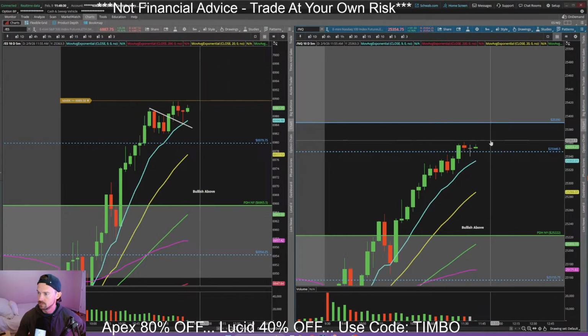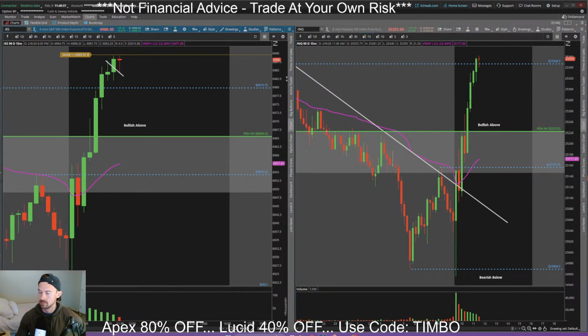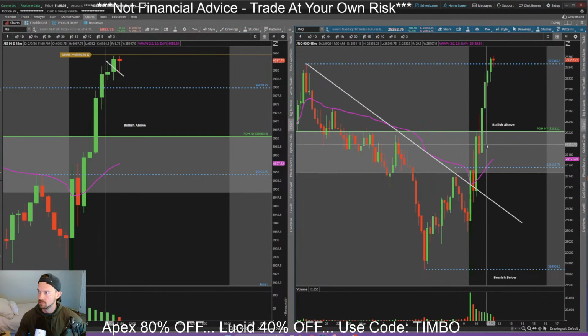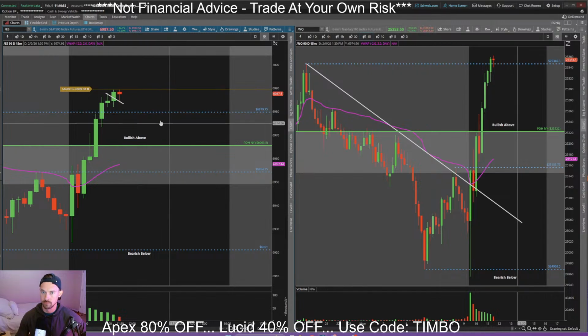The 15-minute had this nice push up. Now these candle bodies are starting to get a little bit smaller. So it could be a pause, it could be a deeper pullback. Don't know at the moment.